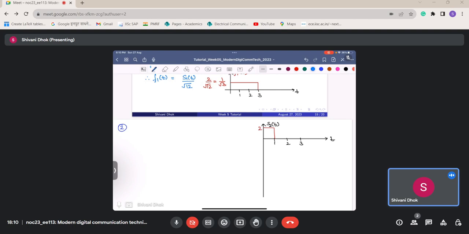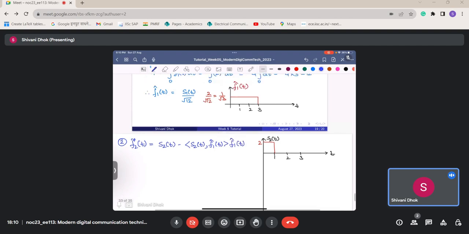Okay, and the intermediate signal f2 tilde of t is equal to s2t minus the inner product of s2t with f1 hat of t, into f1 hat of t.